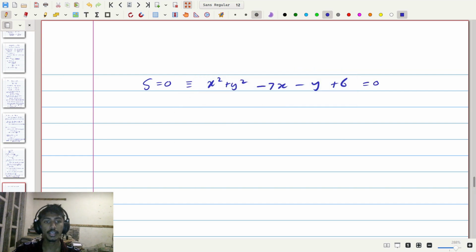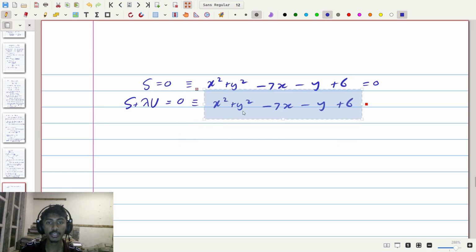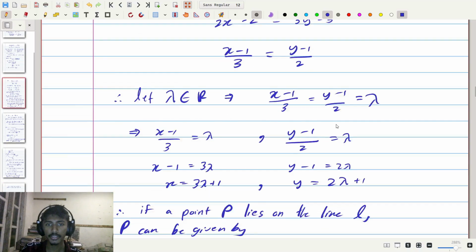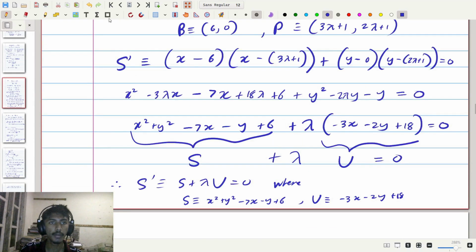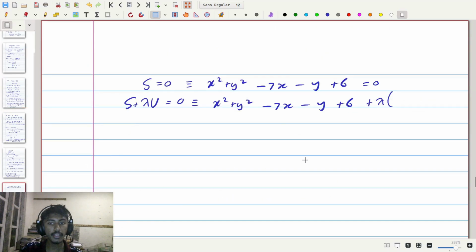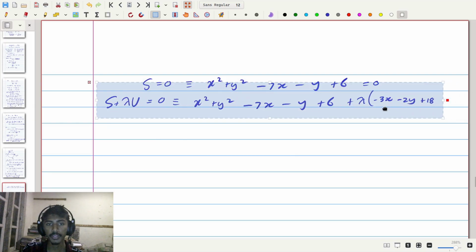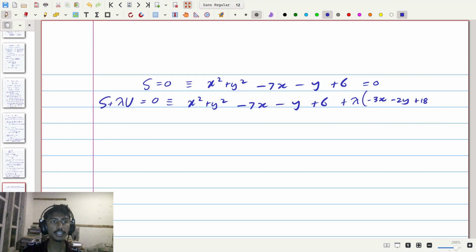Now the second circle is S plus lambda U equals 0, and that's going to be the equation of S plus lambda times the equation of U, which if we go up is minus 3x minus 2y plus 18. So we can copy that down and multiply that by lambda. We don't have enough space, it seems, so I'll move everything to the left a bit, like so, and that is equal to 0.